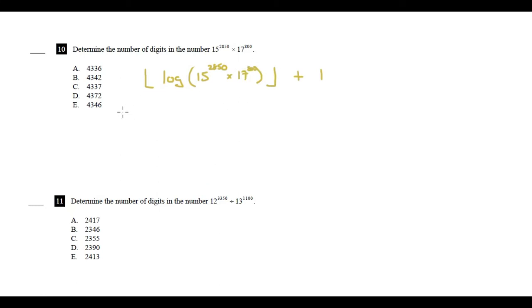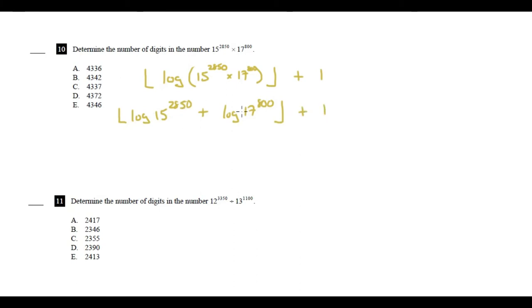So let's start expanding all this inside the log. So we're going to go log, and of course these are base 10 logs, because we're working with the base 10 number system here. So log of 15 to the power of 2850 plus log base 10 of 17 to the power of 800, and once I take the floor of that I can add 1.